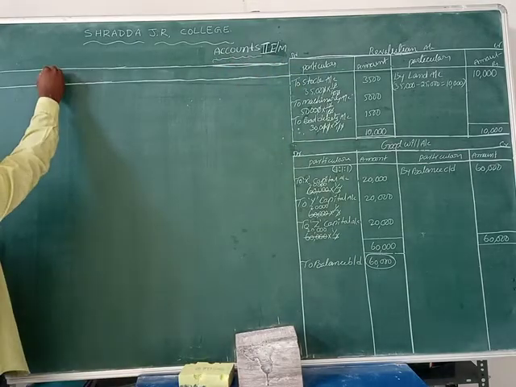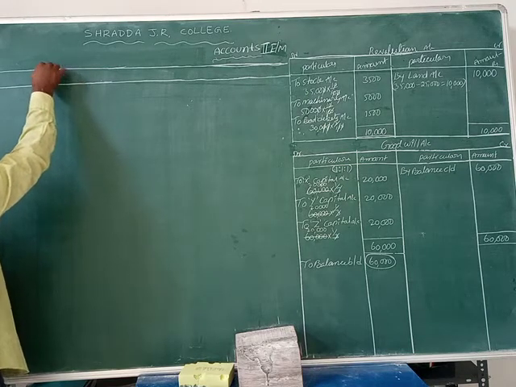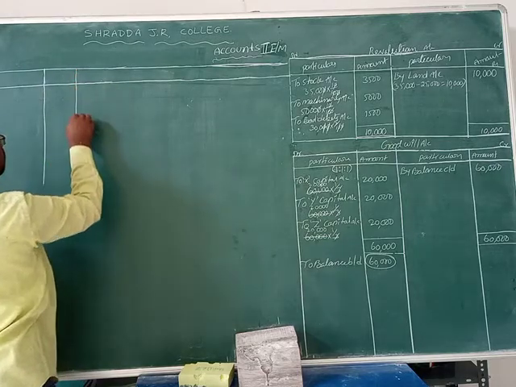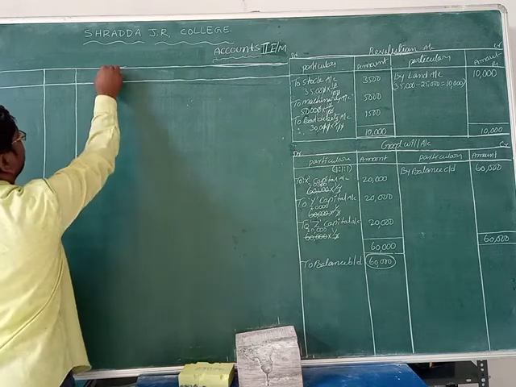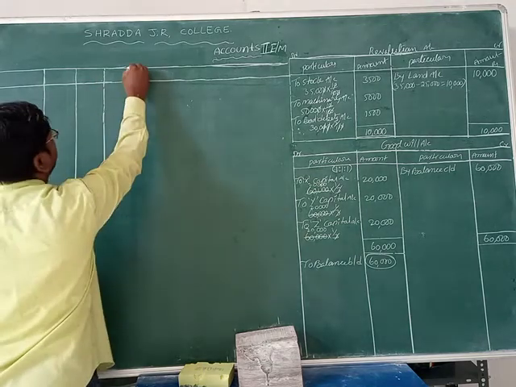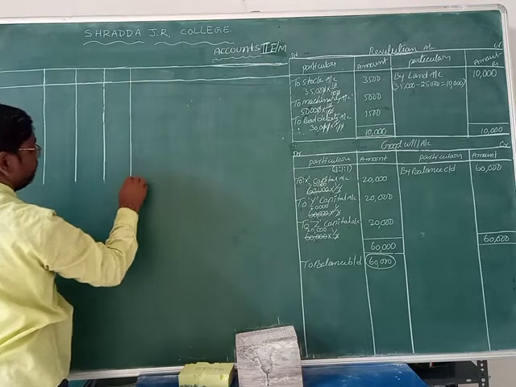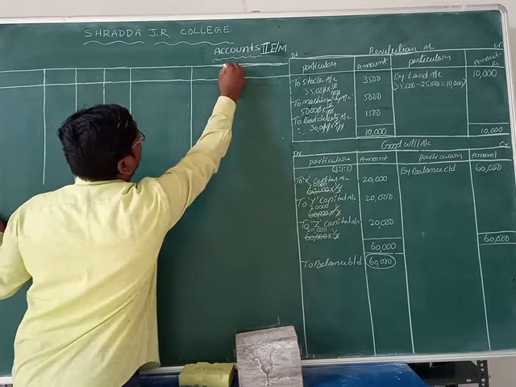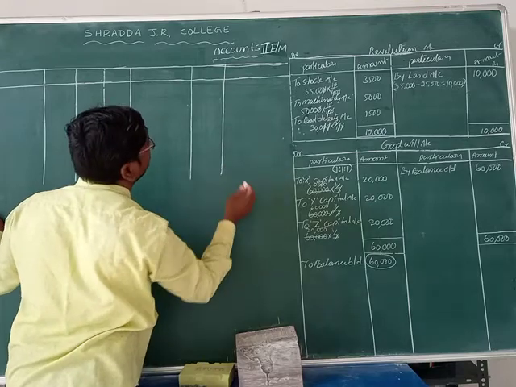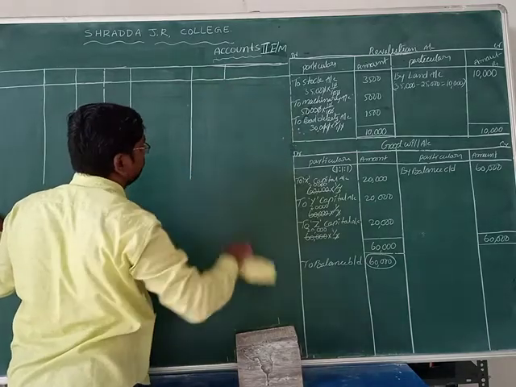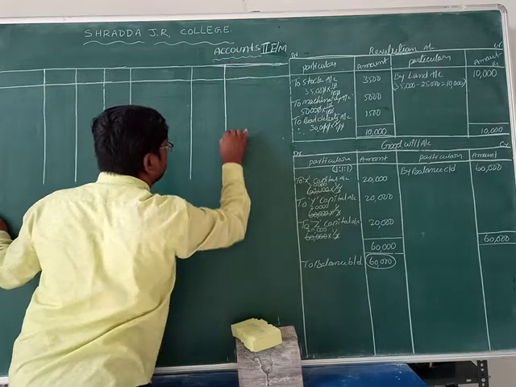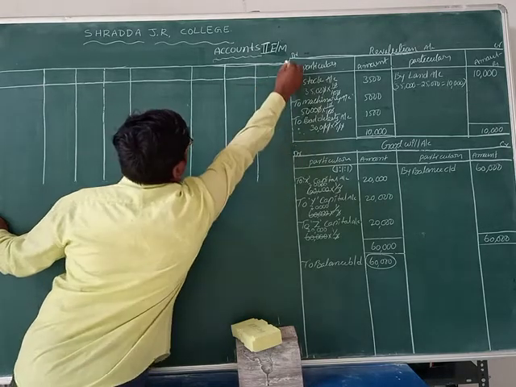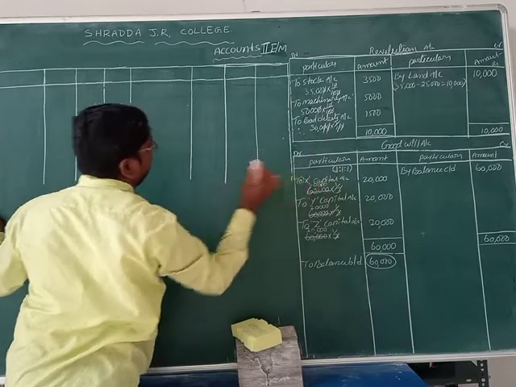Okay friends, first of all, particulars: X, Y and Z. At the same time, particulars: X amount, X total, Y total and Z total amount we record now.